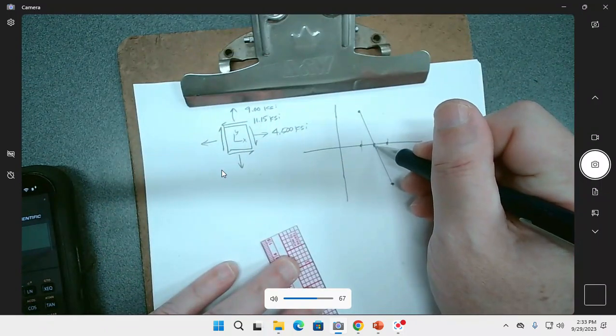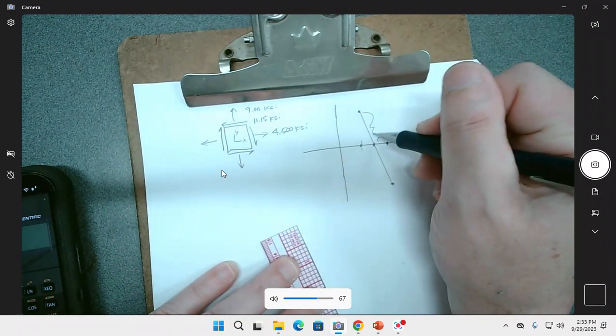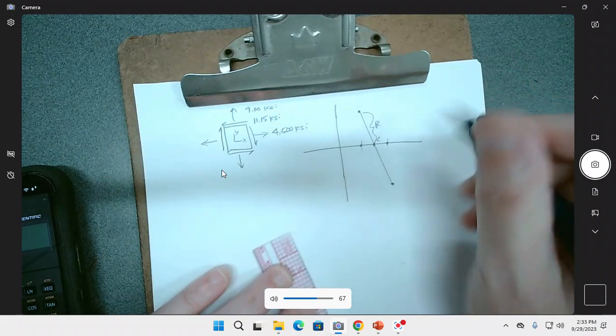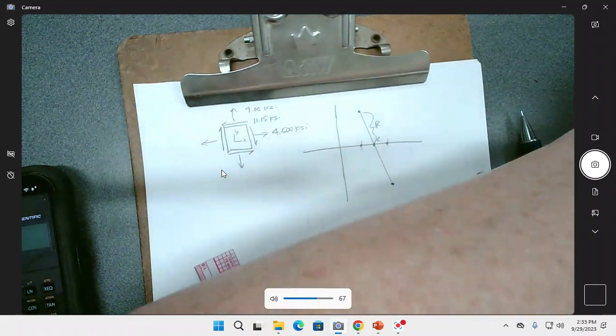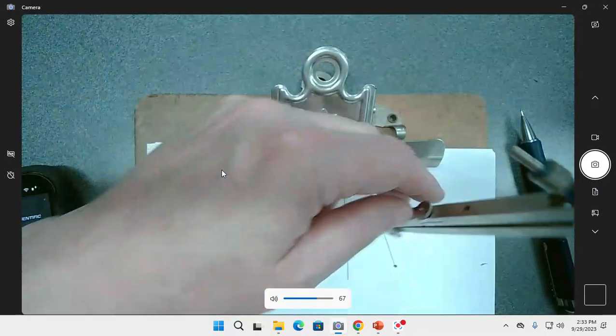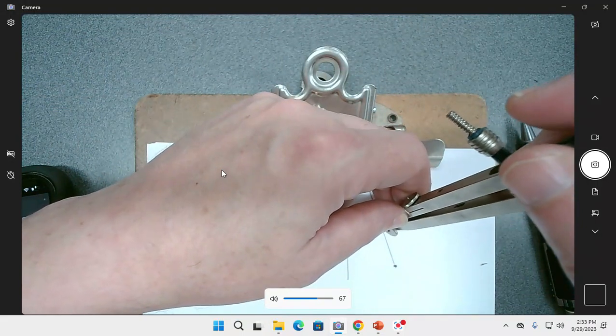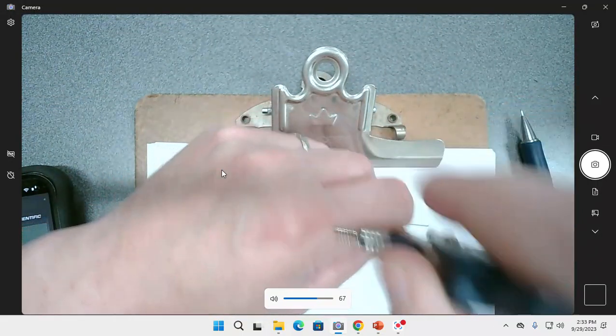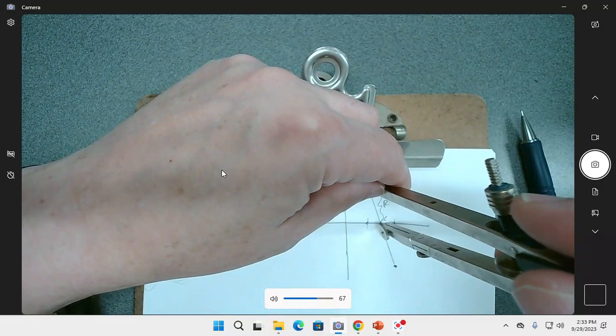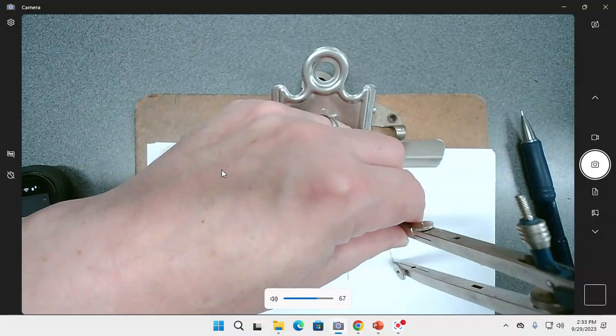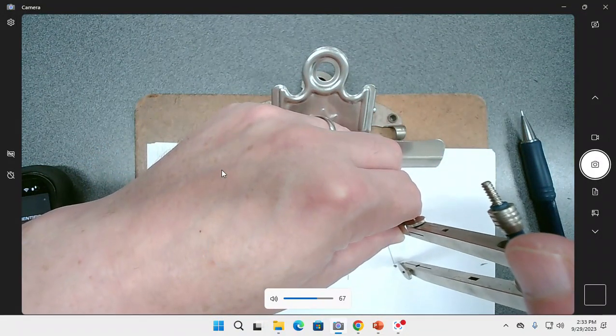So you'd be like, right here's the center, right here's the R. It's probably going to be wrong. I just eyeballed it. I'll fake it. Not crazy bad, not crazy good.